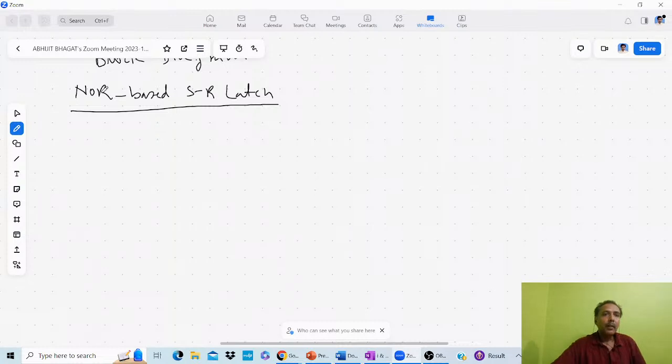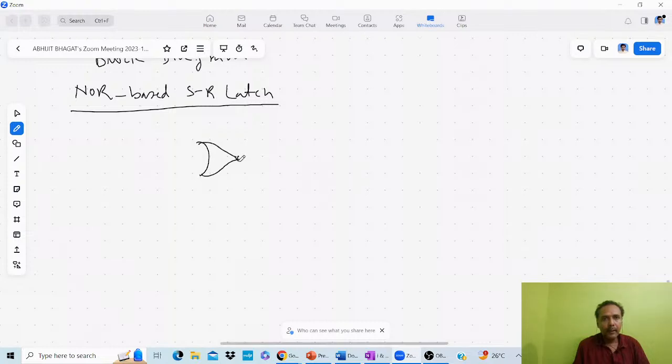Next, NOR based SR latch. So NOR based SR latch is what? It is designed with the help of NOR gate. So the circuit is like this. There are two NOR gates used here. This is one NOR gate.